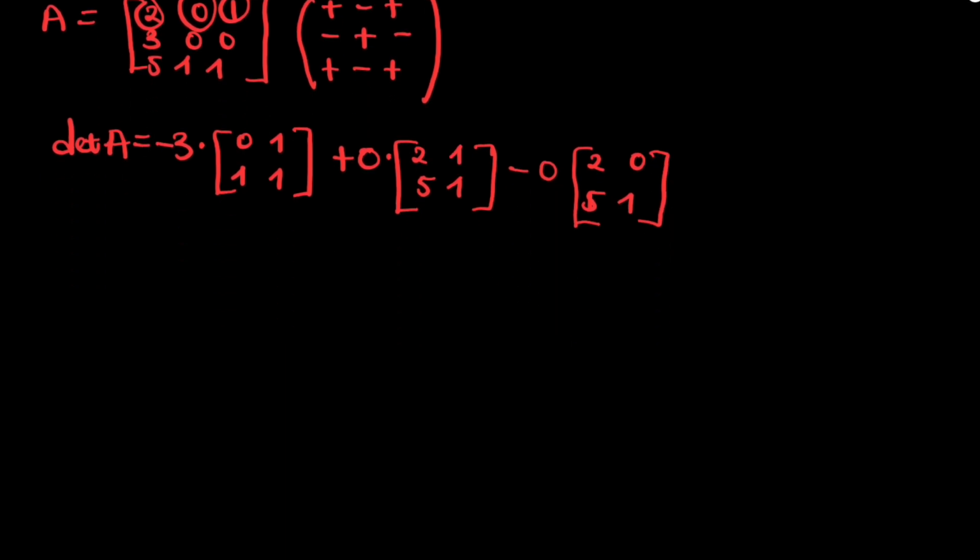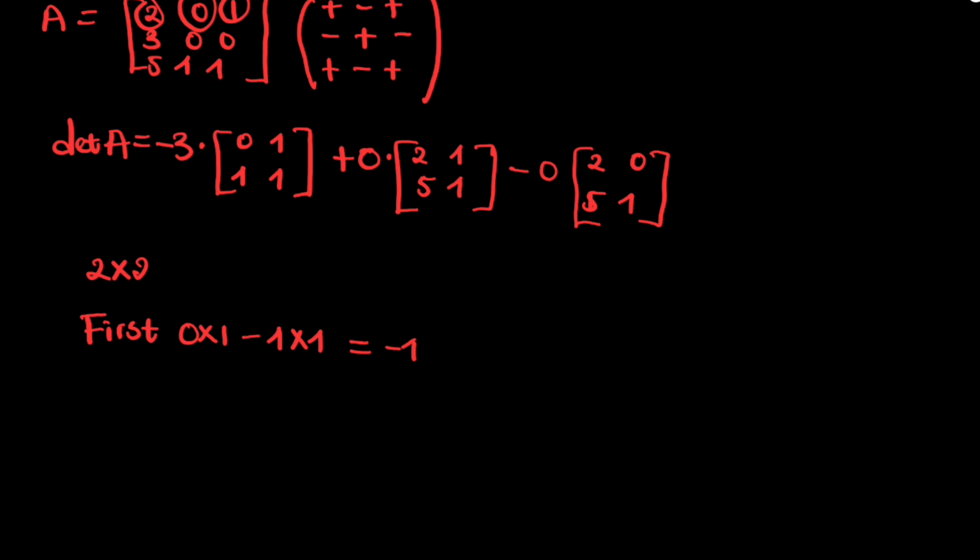So that is that. Okay, so now let's take each case and simplify. We simplify each 2 by 2. Let's take the first one. We have 0 times 1 minus 1 times 1, which is minus 1.